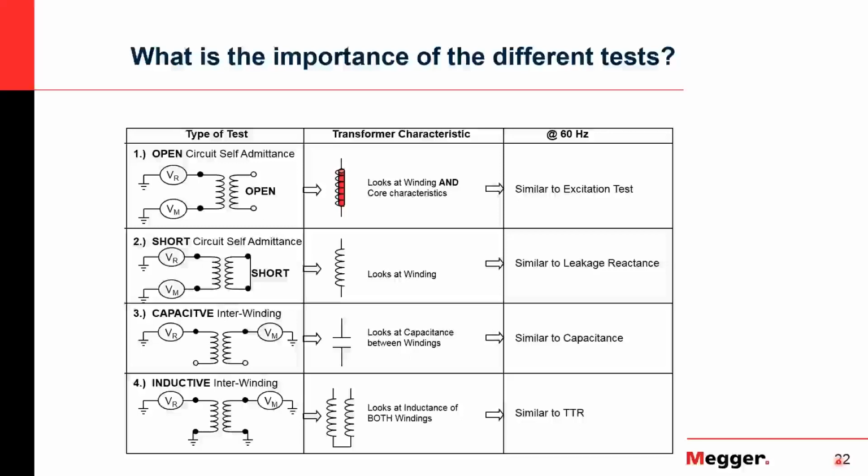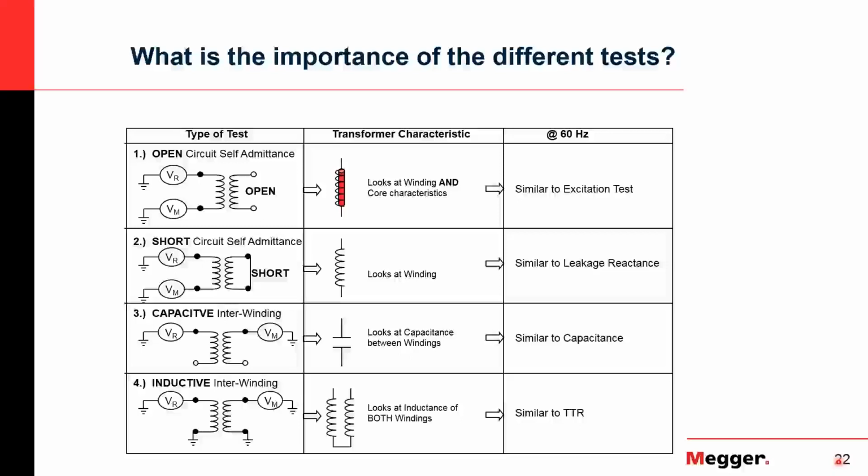So now that we've gone through the four basic types of tests you can do, really these are all types of tests we've done with other test equipment before. What about our open circuit self-admittance test? We're energizing one side of the winding, and we're measuring the response on the other side of the winding.